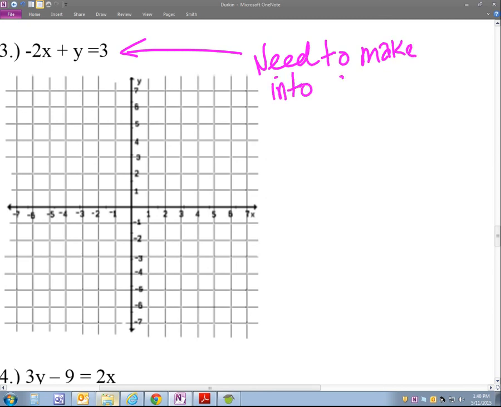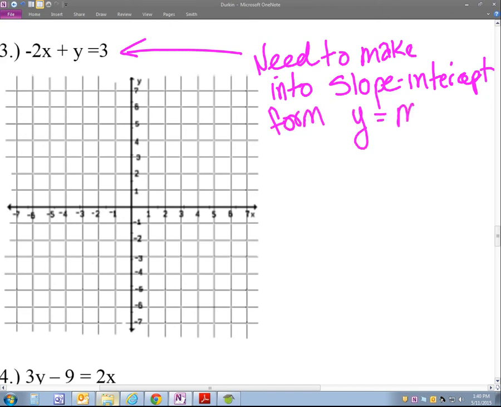Slope intercept form of y equals mx plus b. So I need to make it y equals mx plus b. I have negative 2x plus y is equal to 3. What's the most efficient way to do that? Can someone help me out? Martinez?